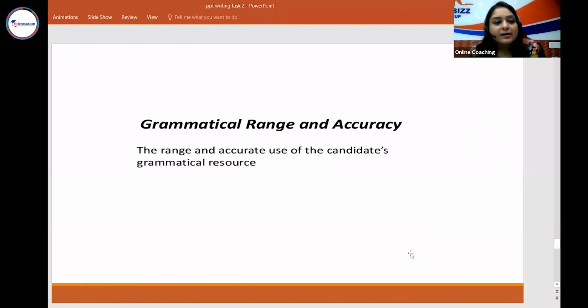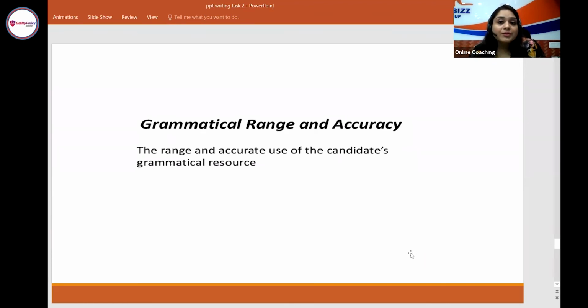Last, grammatical range and accuracy. Again, grammatical range. In my essay, I have spoken about a number of sentences like passive sentence, complex sentence, compound sentence, simple sentence. You have to write somewhere conditionals also. So, adding a number of sentences together will help the examiner understand that you have vast knowledge of grammatical sentences.